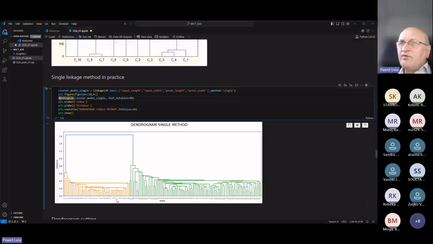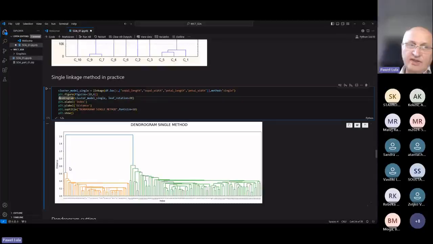150 objects. I know that these identifiers are small because we have 150 objects in the dendrogram. The dendrogram, I think, suggests that there are two clusters, but we know that it is not true. So the results are not correct here. This method was not able to identify the real structure of this dataset.